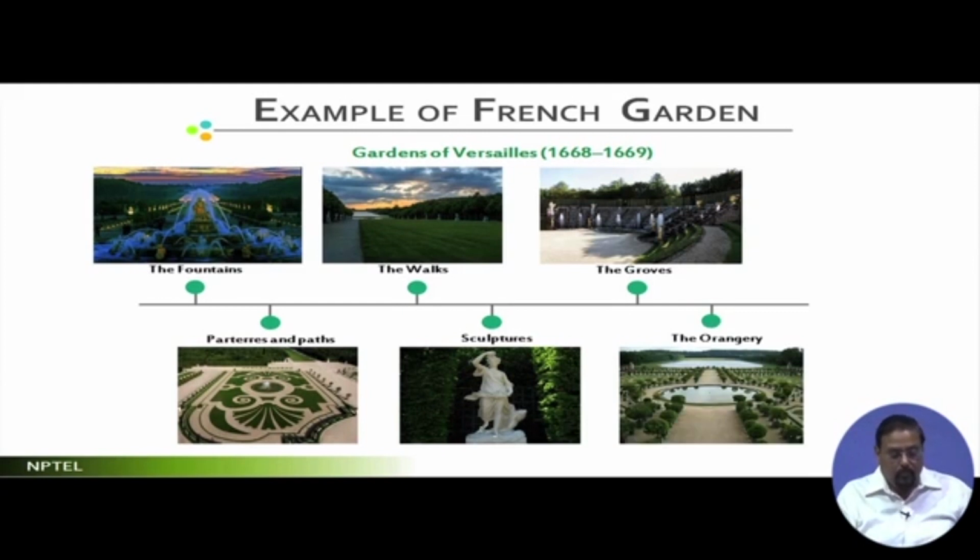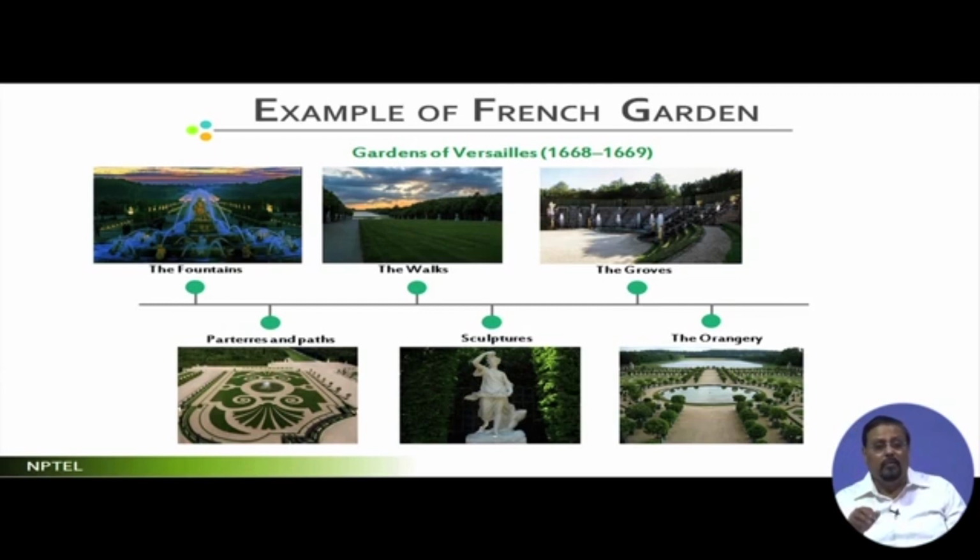Okay. The orangery, this particular element you must have seen that I have mentioned this during Italian landscape style description. This is one of the very strong elements which Italians have used, French have used, and also there is a flow that even the English people also have used. What are the orangeries?